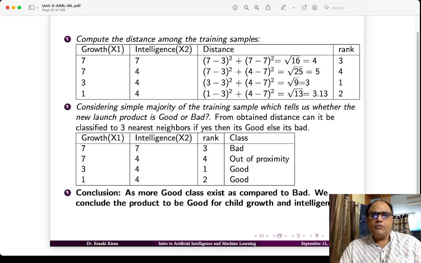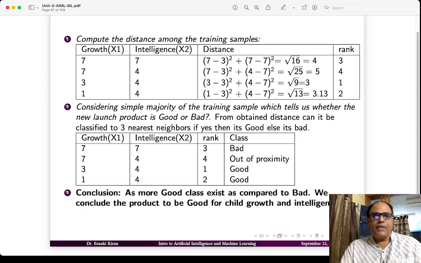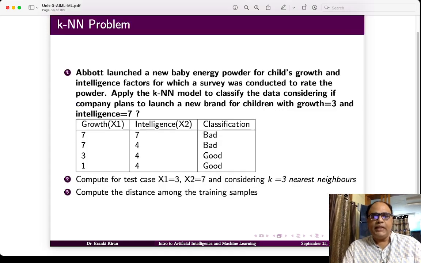As a conclusion, as per the test data, x1 is 3 and x2 is 7. Once we put all this data into application, considering 3 and 7, that is 7 minus 3 plus 7 minus 7, because our test case provided is 3 and 7.